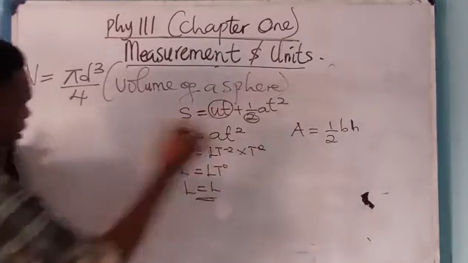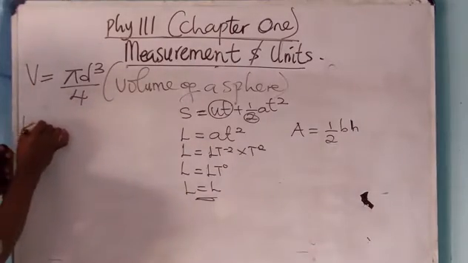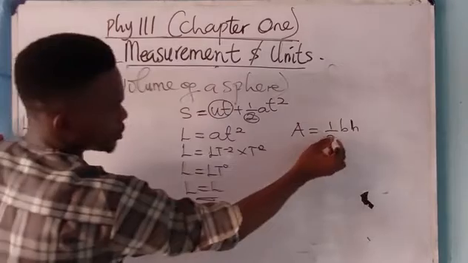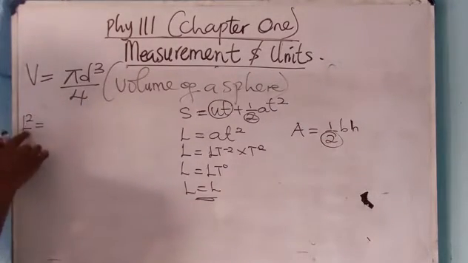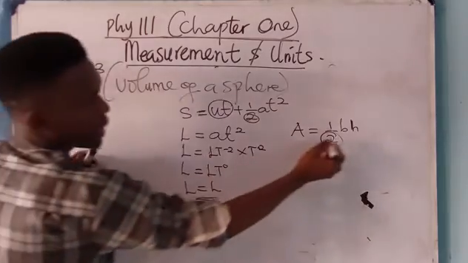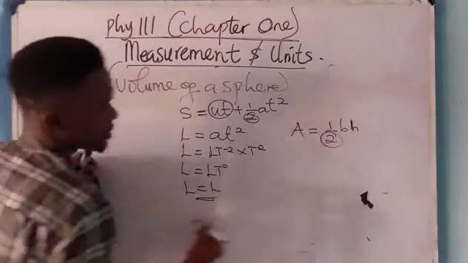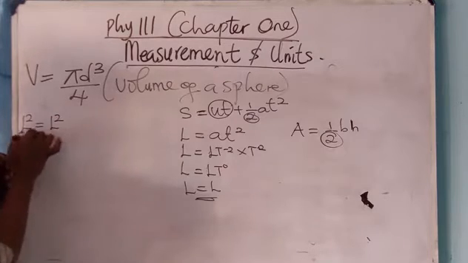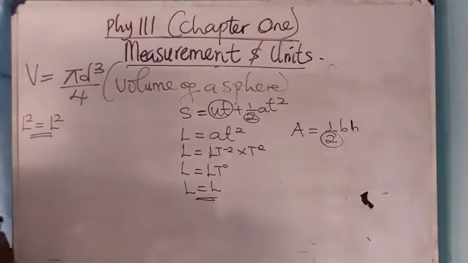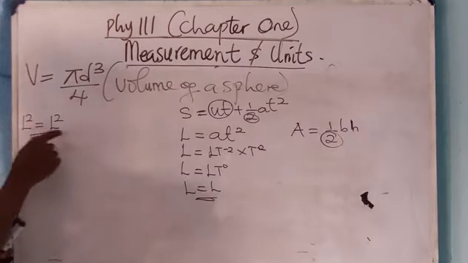Now, area is length times length, so I told you that we have to neglect the constants. Area is L squared. Now base times height is distance times distance, so it is very, very correct. So they are both correct.